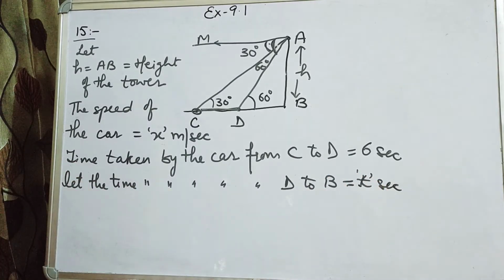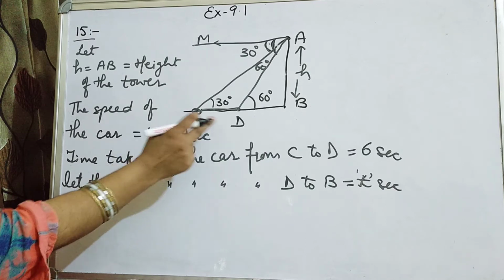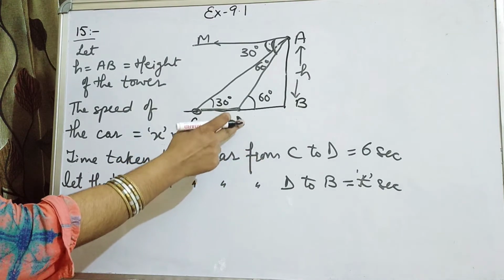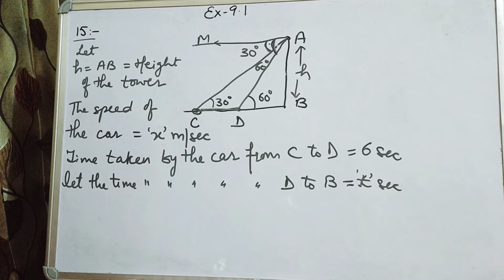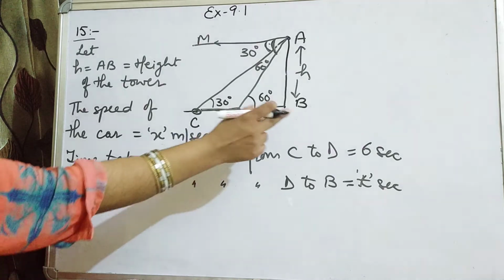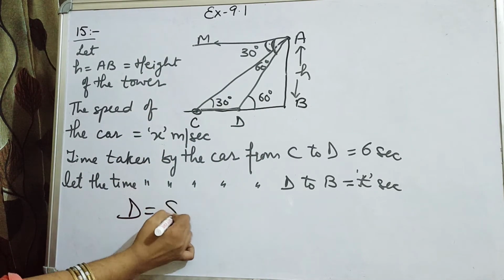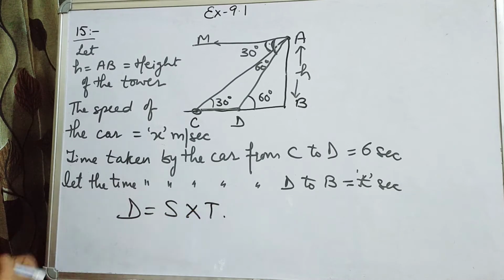So from point C to D it is taking 6 seconds, and from D to B we have supposed it is taking T seconds. Then we can find the distance traveled by the car from C to D and D to B, because we have the formula: distance is equal to speed into time. So by this formula we can find the distances CD and BD.